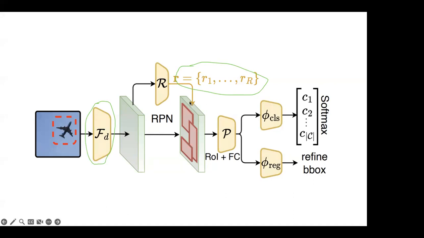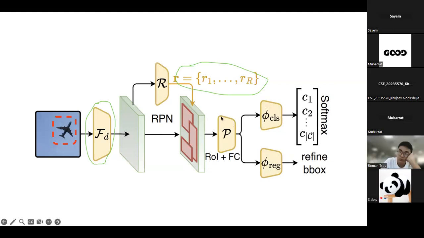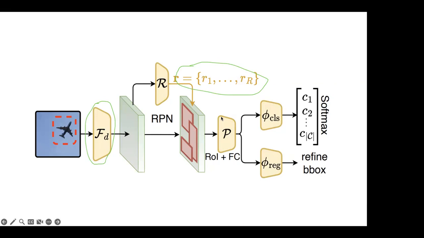Finally, the proposed regions are funneled into a pooling layer using ROI pooling, followed by a fully connected layer to get the feature patch, which is then streamlined into the corresponding classification head and the regression head.